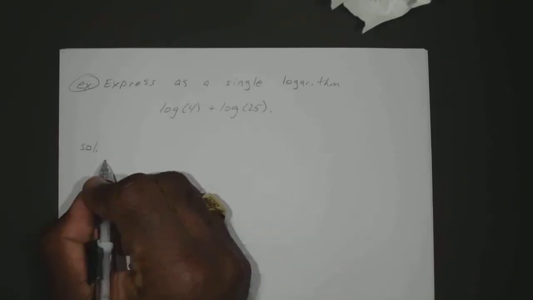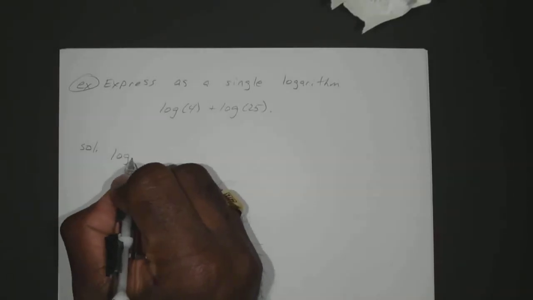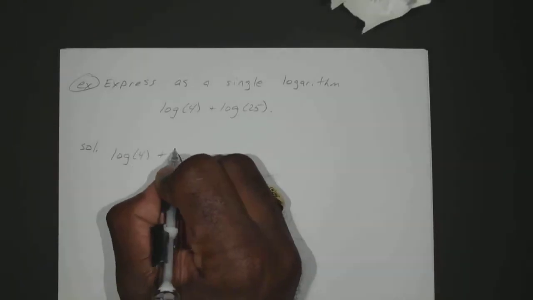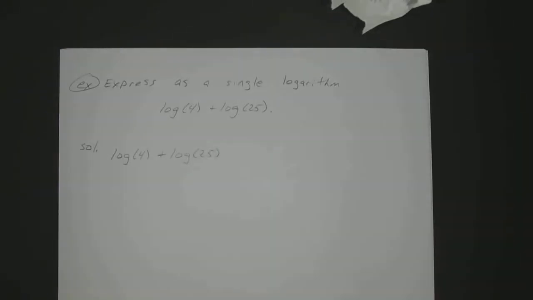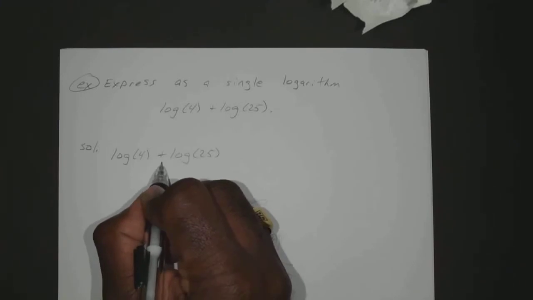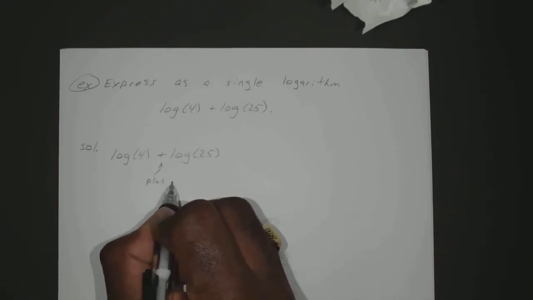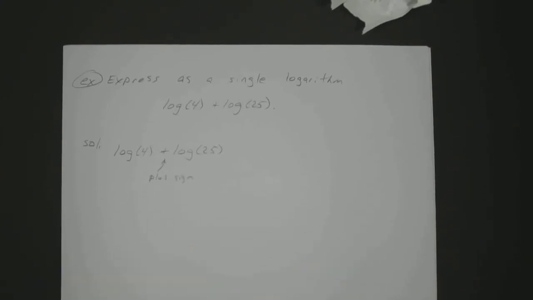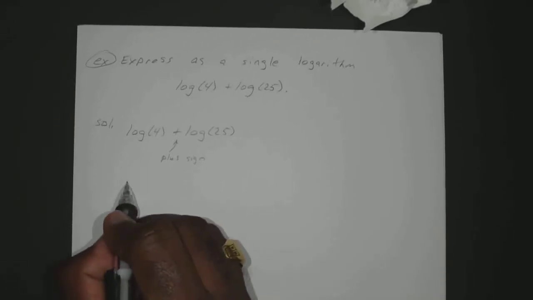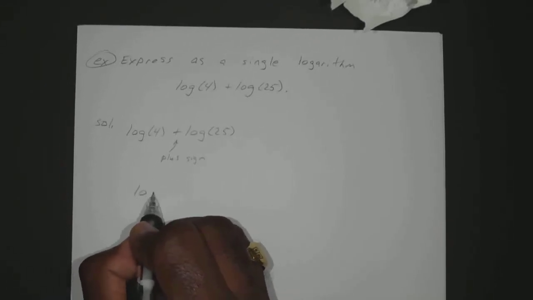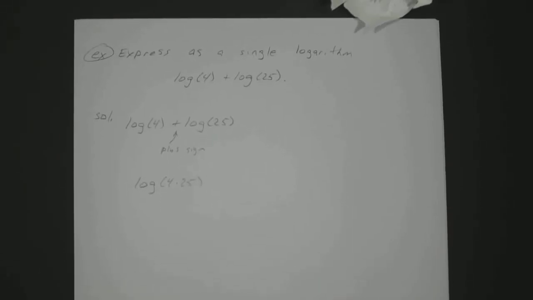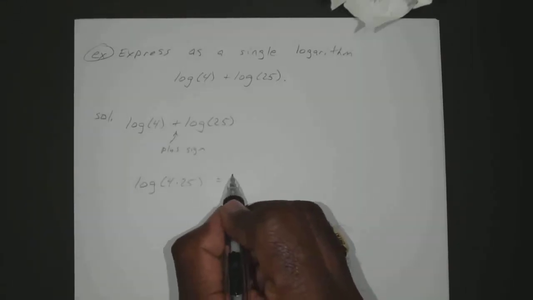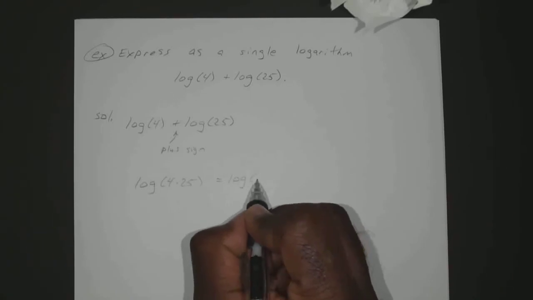Okay, let me rewrite that. So you have log of 4 plus the log of 25. Since we have a plus sign here, we know that's the product rule. So that's going to be log of 4 times 25, which is the log of 100.